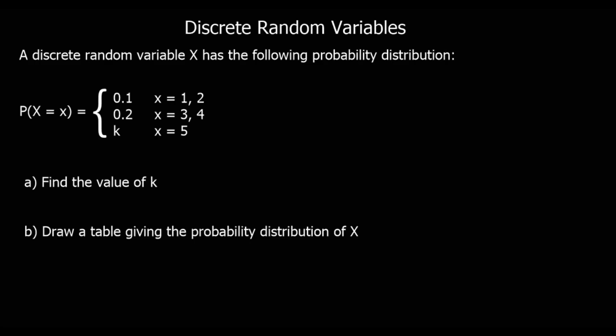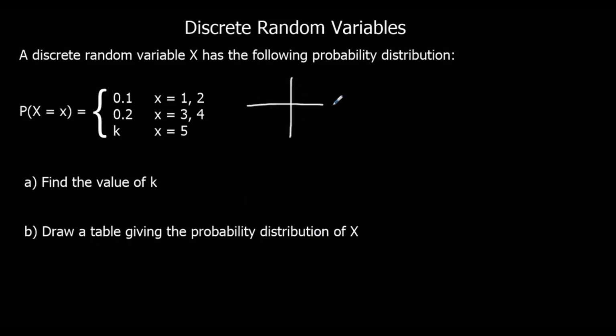Okay, so a discrete random variable x has the following probability distribution. So for when x is 1 and 2, the probability is 0.1. For when x is 3 or 4, the probability is 0.2. And for when x is 5, the probability is k. I'm going to do part B first.